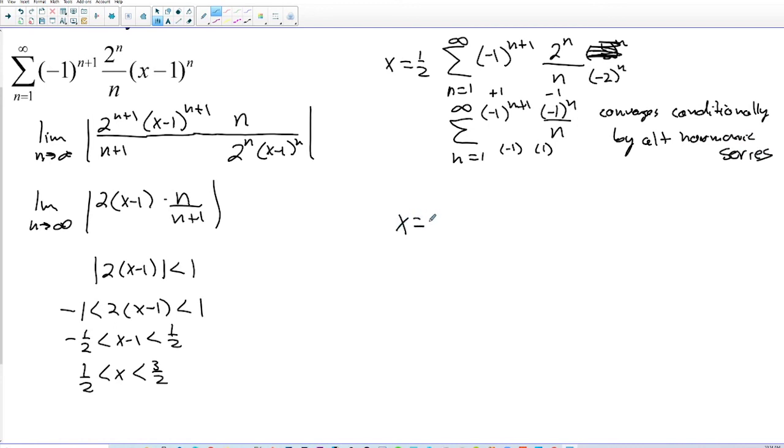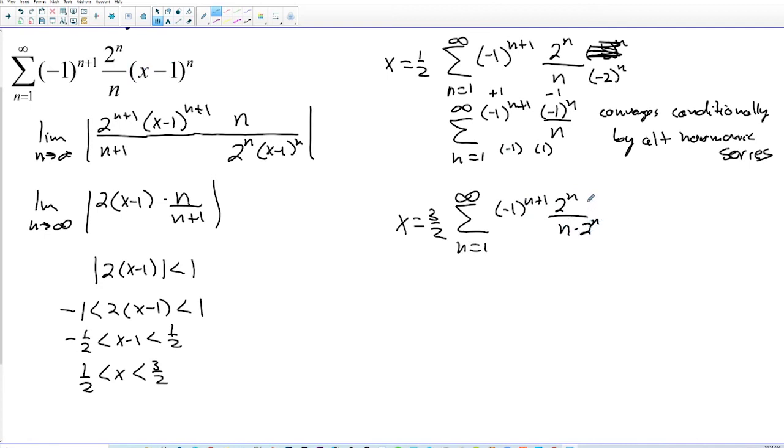Let's test x equals 3/2, and let's see what we get. The sum from n equals 1 to infinity of -1 to the n plus 1. 3/2 minus 2/2 is 1/2. That's 2 to the n over n times 2 to the n.